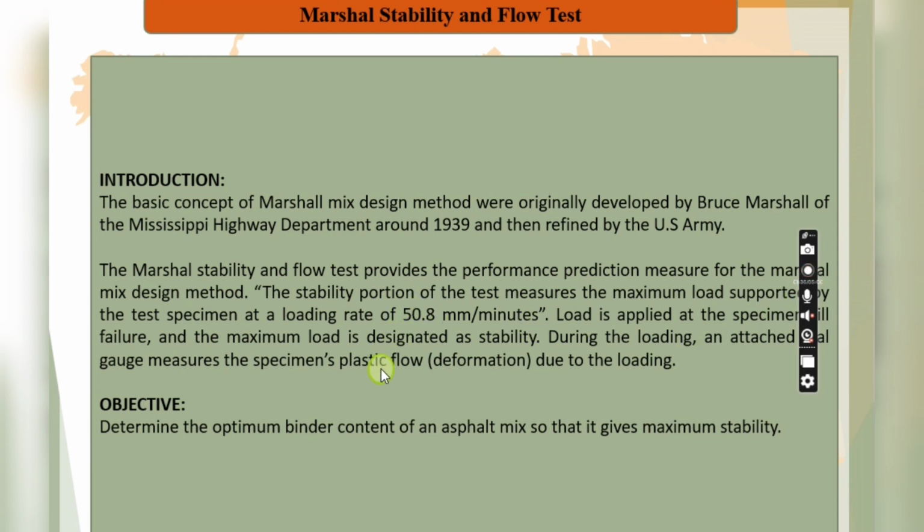The stability portion of the test measures the maximum load sustained by the specimen at a specified loading rate. The standard rate of loading is 50.8 millimeters per minute. The load applied until failure, the maximum load, is defined as the stability.